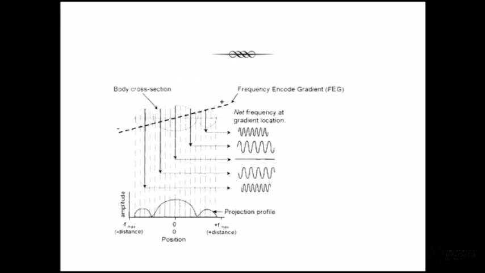So how does that look? Here's our cross-sectional image. We've got our gradient turned on, and you can see that we have slightly different frequencies at different spatial points within that image. So if we read out these frequencies, we can now say where that image is located within that one slice that we excited.